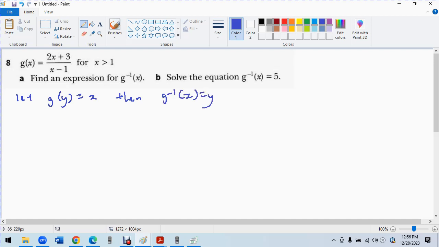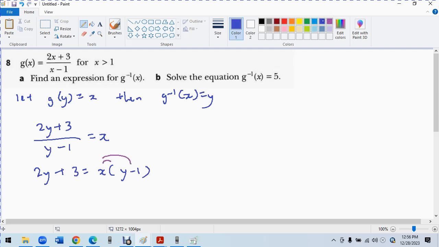Okay, so we have (2y plus 3) over (y minus 1) equal to x. And now we want to write y as the subject. So we have 2y plus 3 equal to x times (y minus 1). So we multiply this inside. Then we have 2y plus 3 equal to xy minus x.